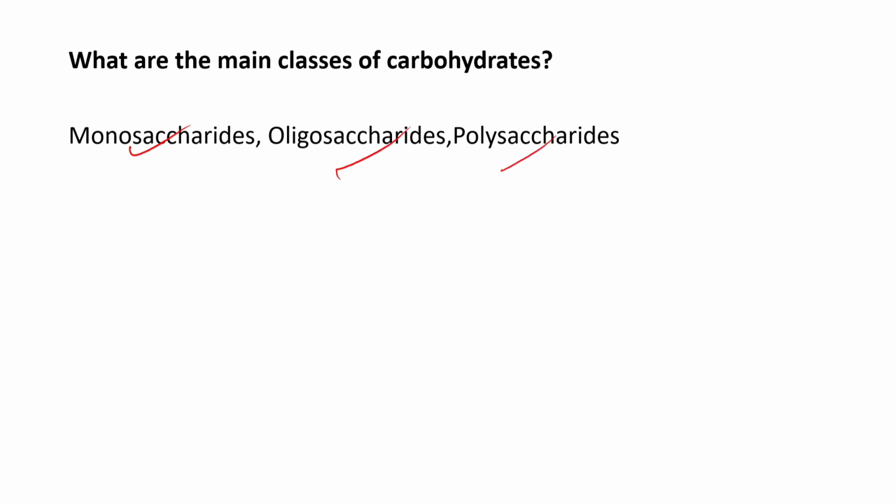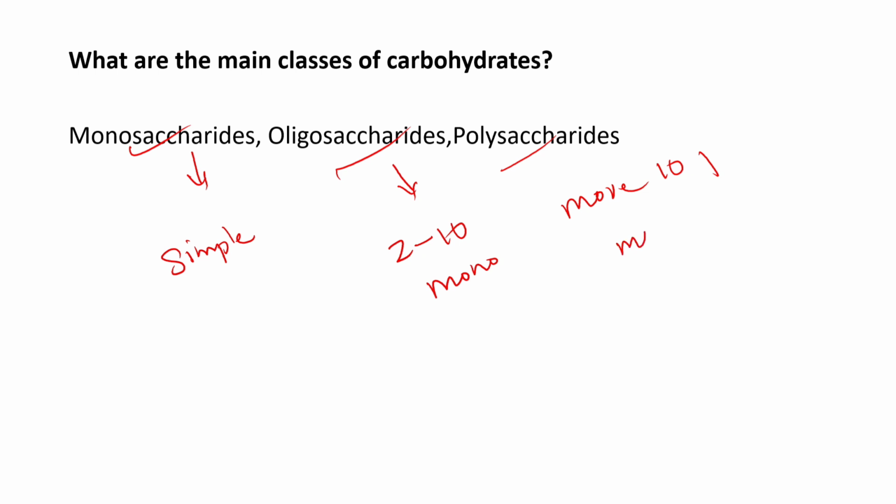Oligosaccharides contain 2 to 10 monosaccharide units, and the polysaccharides contain more than 10 monosaccharide units. So monosaccharides contain only one saccharide unit, oligosaccharides contain 2 to 10 monosaccharide units and polysaccharides contain more than 10 monosaccharide units.